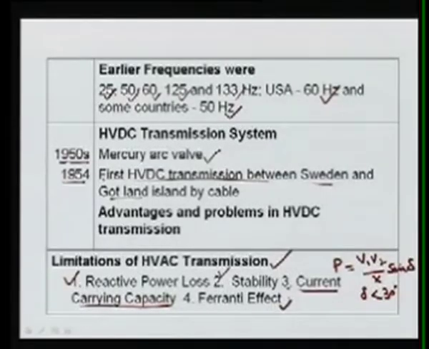Now let us see the advantages of the HVDC transmission system. There are so many advantages of an HVDC system, but it also has some disadvantages, which we'll see as well. The first advantage of HVDC transmission is that it requires less space, in the sense that we normally have a two-wire system.